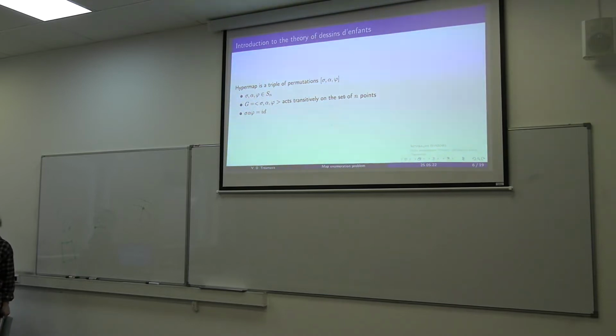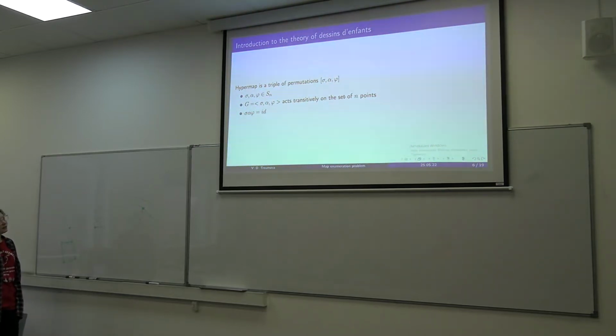Also, we can study the dessin d'enfant by coding it with permutations. So actually, a dessin d'enfant is a triple of permutations, and they should satisfy the following rules.